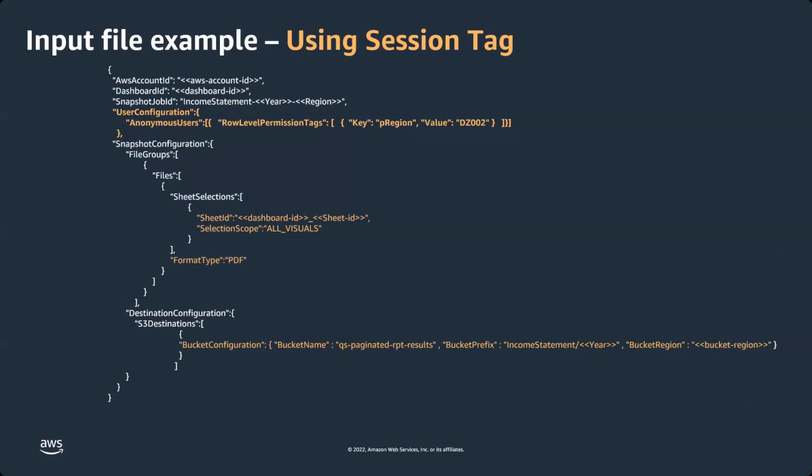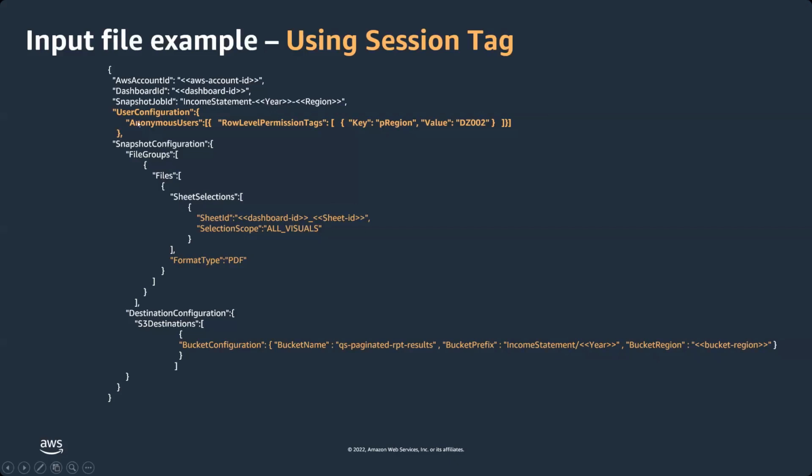You can leverage those session tags which have been created already, and then you can pass those session tags as part of your input file. So you would need an account ID. You can set which particular dashboard has your report, and you can specify your unique snapshot job ID. This is something you can create, and we'll showcase how you can do that.